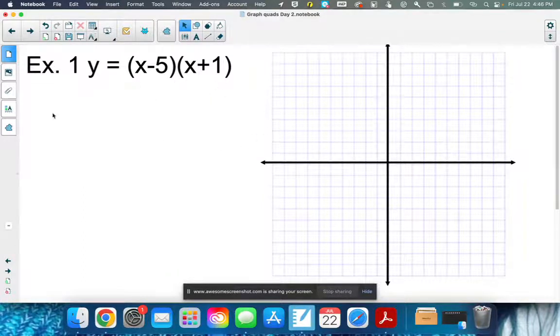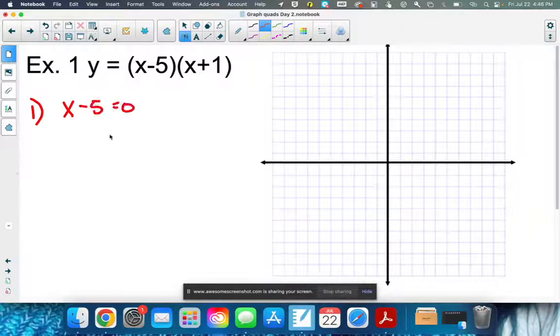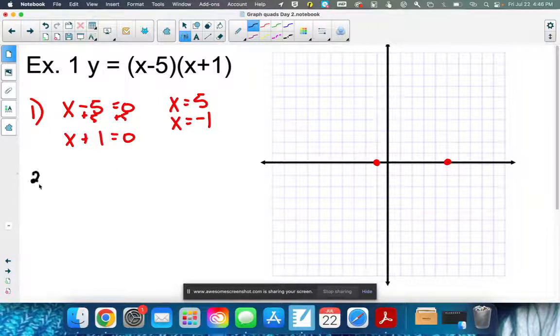Okay, so step 1. We have x minus 5 is 0, and x plus 1 is 0. So my two x-intercepts are positive 5, because I have to add 5 to both sides, and negative 1. I'm going to go ahead and graph those: negative 1 and positive 5. Now I need to find the middle.